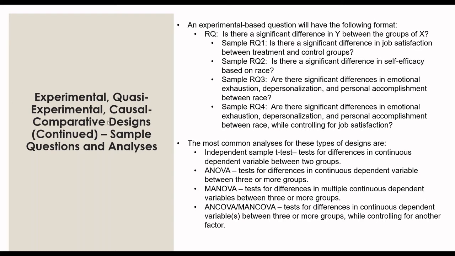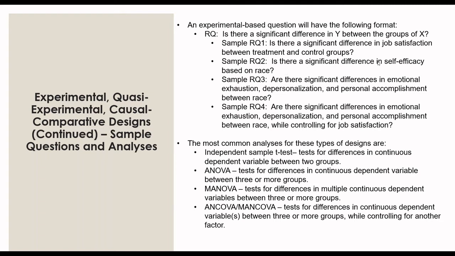Quasi-experimental and causal comparative kind of go hand in hand. The general goal of it is to see if there are differences between variables, but the placement of people into different groups is decided before you make any manipulation. A good example of that is research question 2.